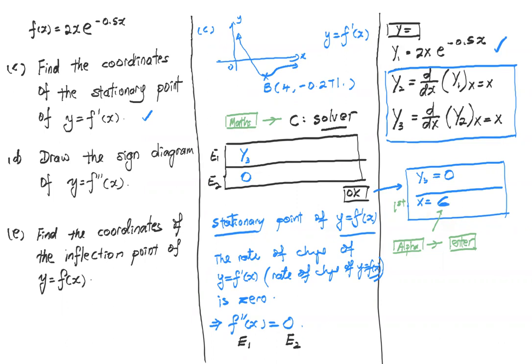Okay, do you get that? Alpha, enter. Your calculator will change the x value to 4. Am I right? And it may be very near 4, maybe 3.999999 or 4.00001. I don't know.